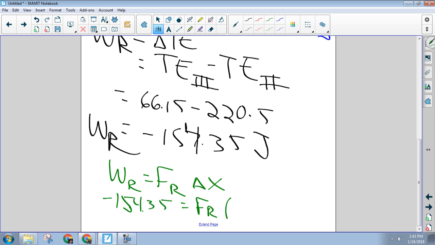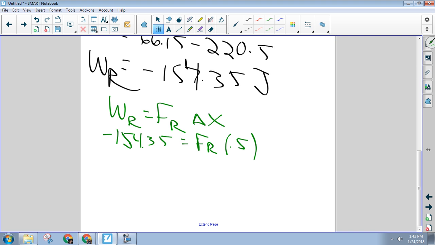Because that's how far it moves as it goes from point 2 to point 3, right? Do you guys understand why it's just the displacement from 2 to 3? Okay, so that's the big deal. Because if you use 1 and 3, then your displacement's 3.5 instead of just 0.5. Okay? And so the force of Roy ends up being 308.7.